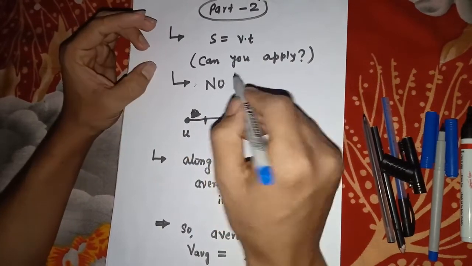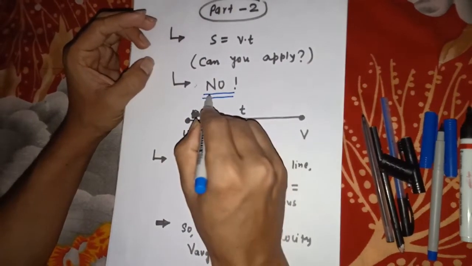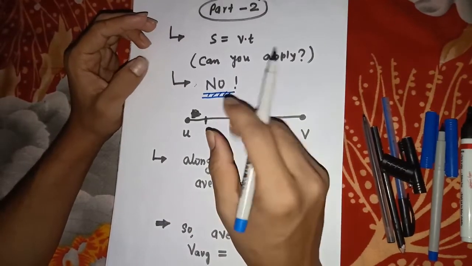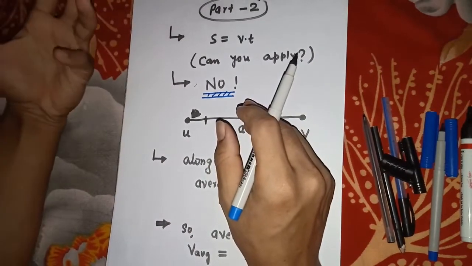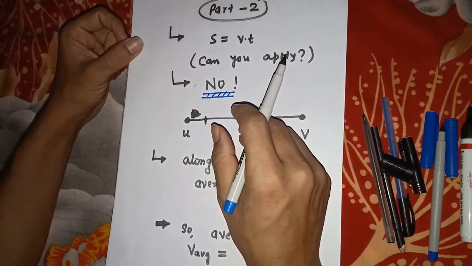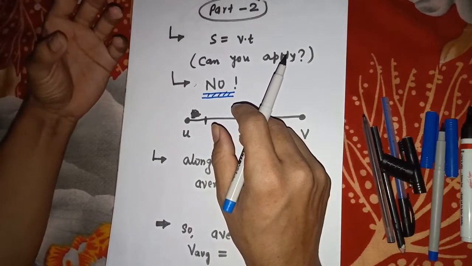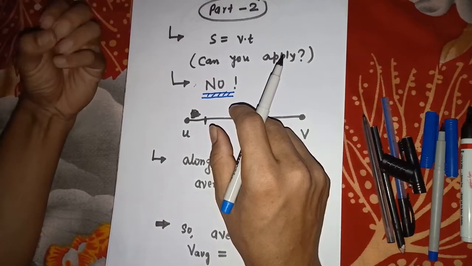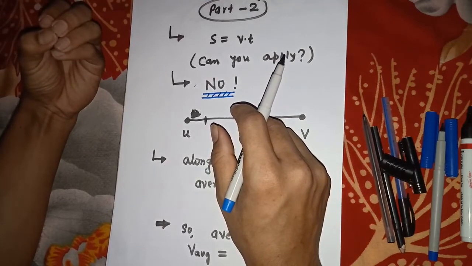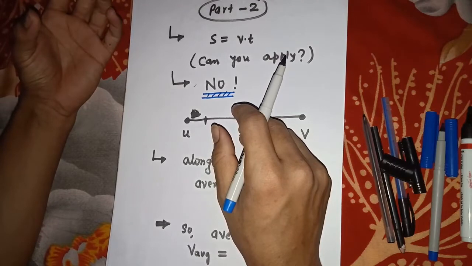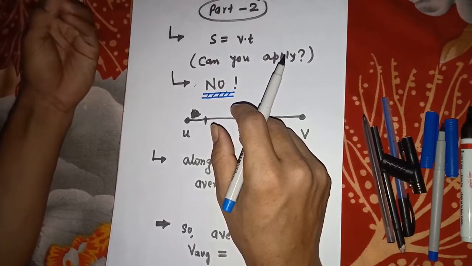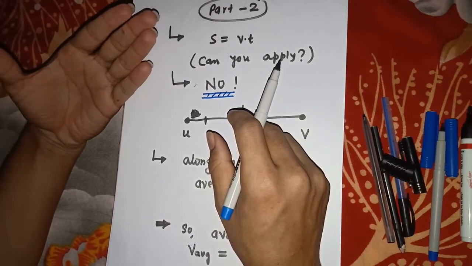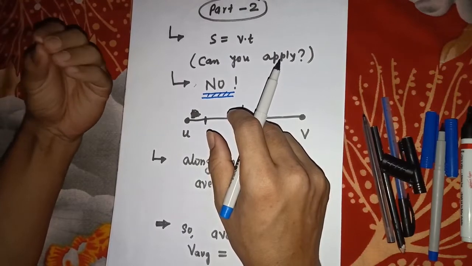My answer is no. Why am I saying this? I give you my valid reason: in the previous classes or lectures you have learned that when speed is constant, then you can find the total distance covered in a particular time, and then you can apply the formula that distance equals speed into time when the velocity or speed is uniform, meaning constant.